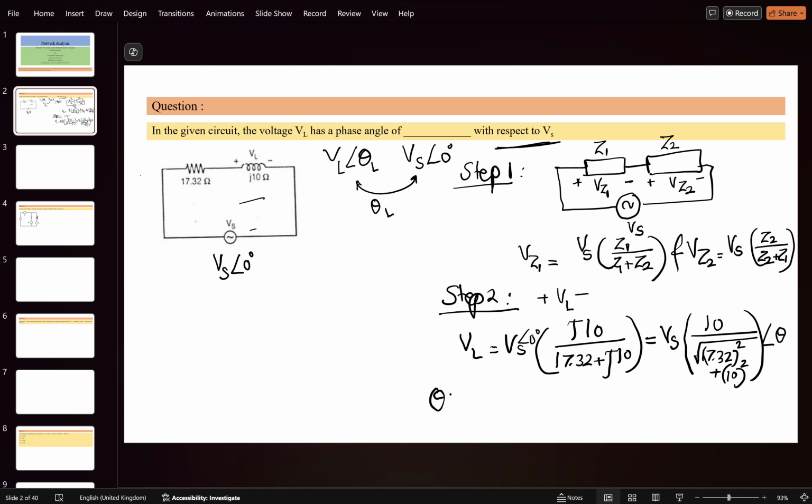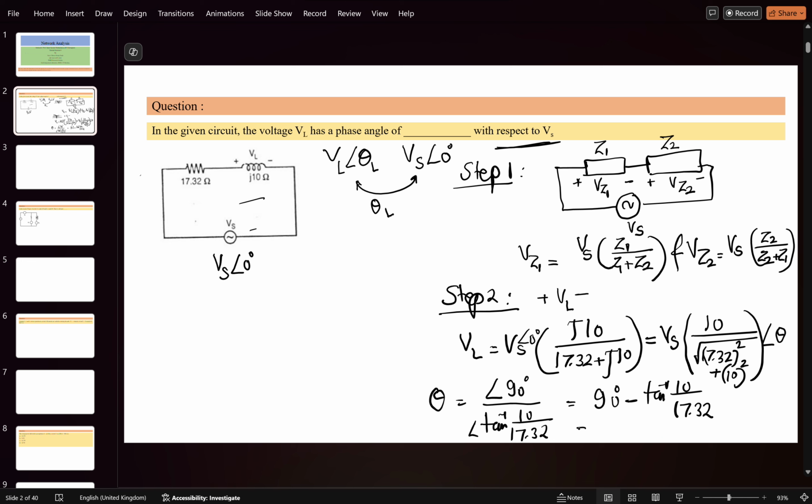So theta will come out to be angle 90 degree in the numerator, divided by, the angle of the denominator is tan inverse of 10 divided by 17.32. Or you can write it like this: theta will become 90 degree minus tan inverse 10 divided by 17.32.